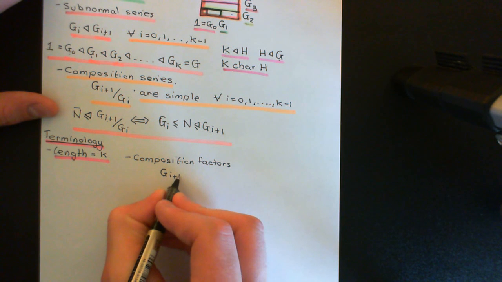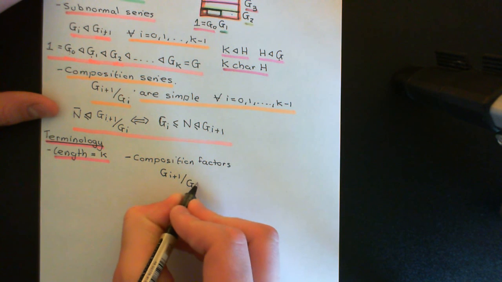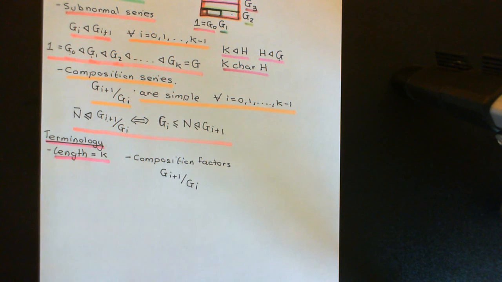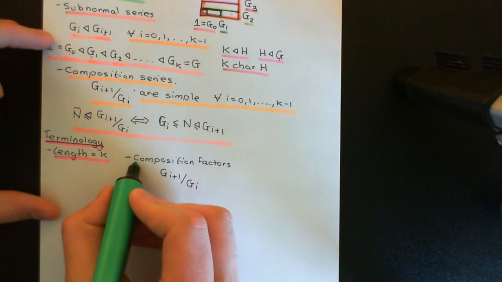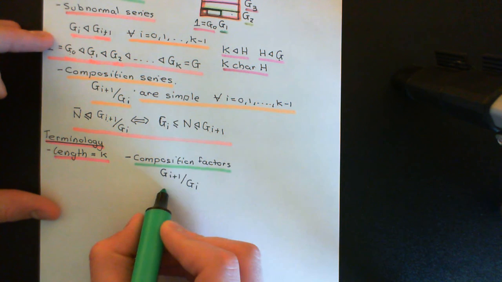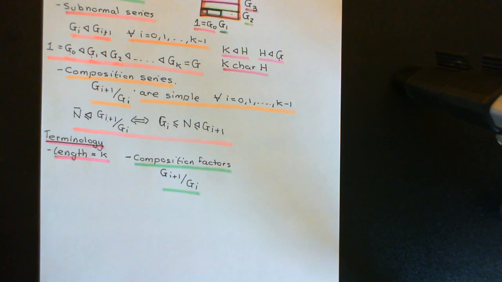So all of the g(i+1) quotiented out by the gi's. You can do gk quotiented out by gk minus 1, that would be a composition factor of your group. You can do gk minus 1 quotiented out by gk minus 2, that would be a composition factor of your group, all the way down to g1 quotiented out by g0. That would be a composition factor of your group.